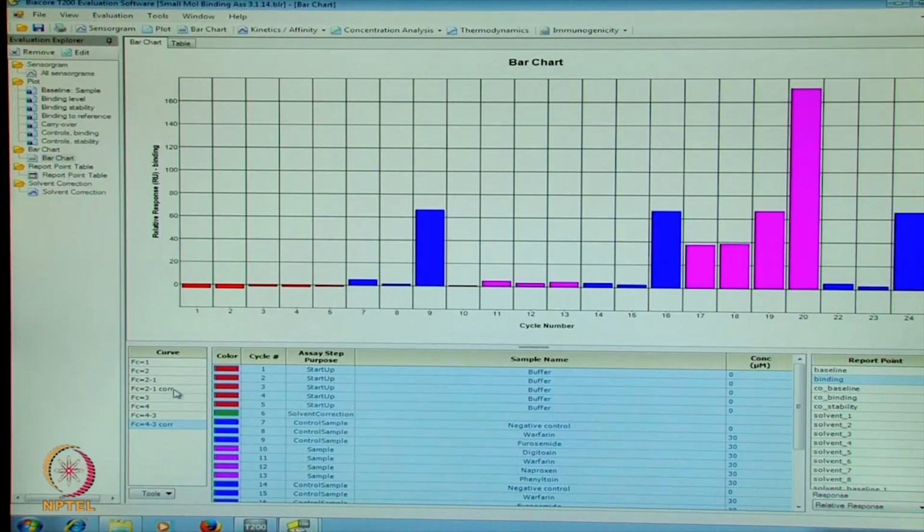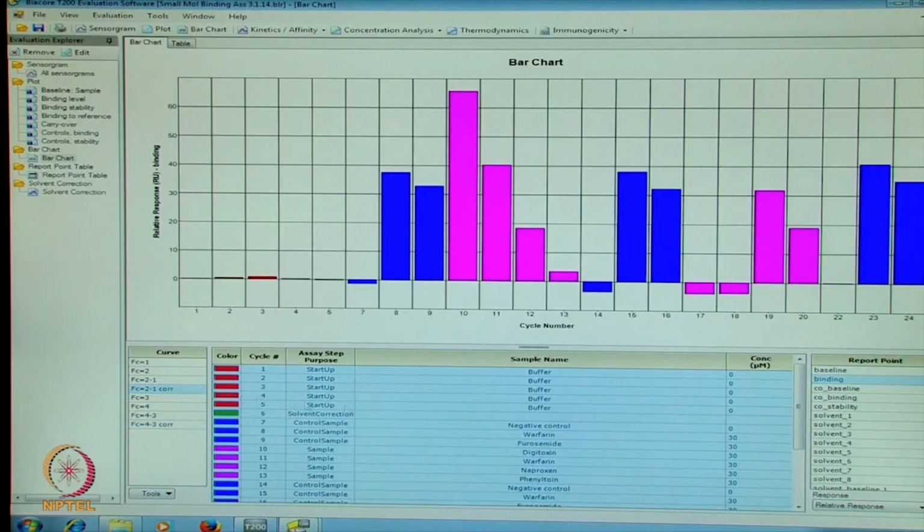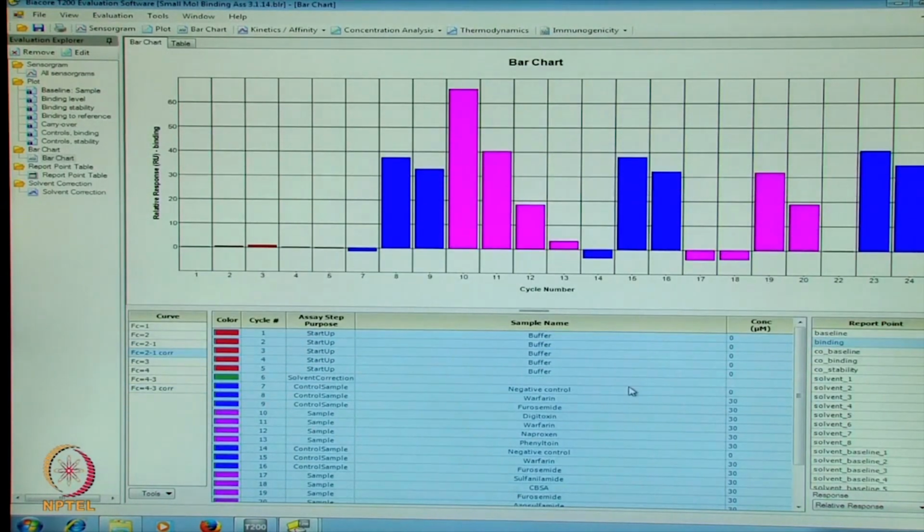Similarly, at 2 minus 1 corrected position, we can see similar kind of data. With this, we can conclude some molecules have no binding, whereas some molecules have some amount of binding from the data, and this indicates that the two different surfaces behave differently while interacting with the small molecules.